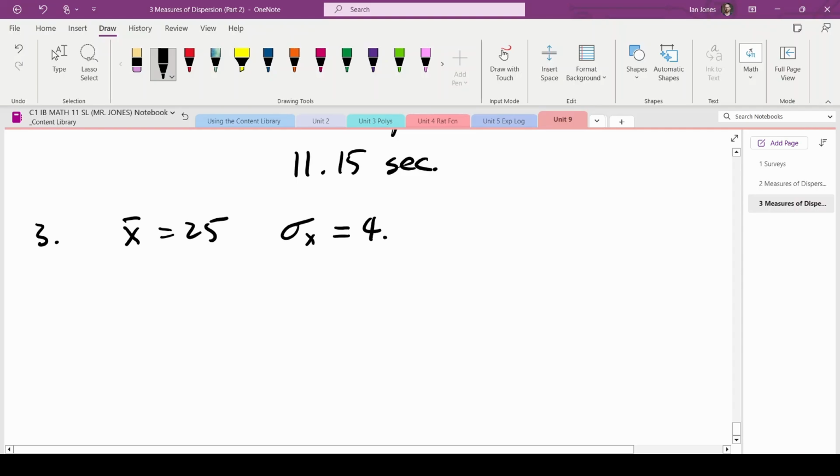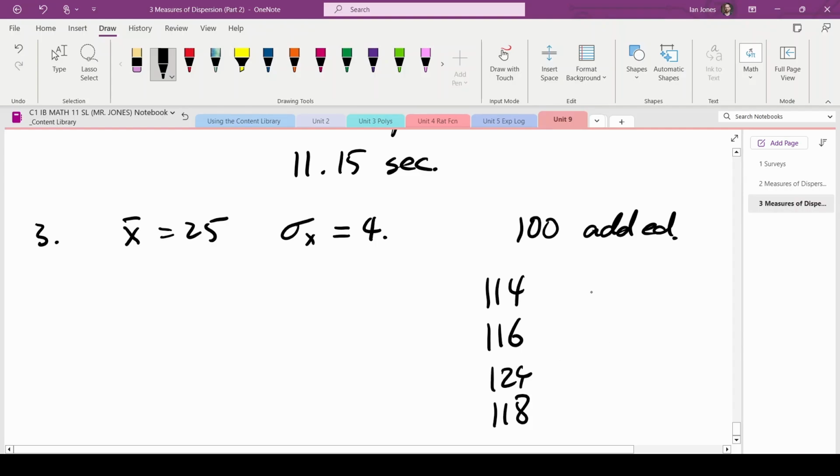It turns out that all of the data points should have had 100 added to them. Maybe the research assistant took a shortcut. Instead of putting down 114, 116, 124, 118 every time he recorded the data, he just put the last 2 digits and decided he would add 100 later and forgot to do so. Okay, so we did the calculations, but everything needs to have 100 added to it.